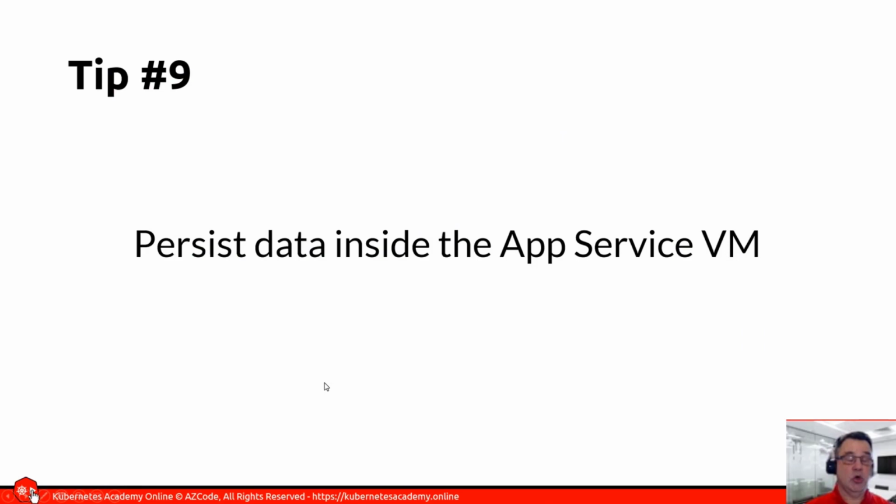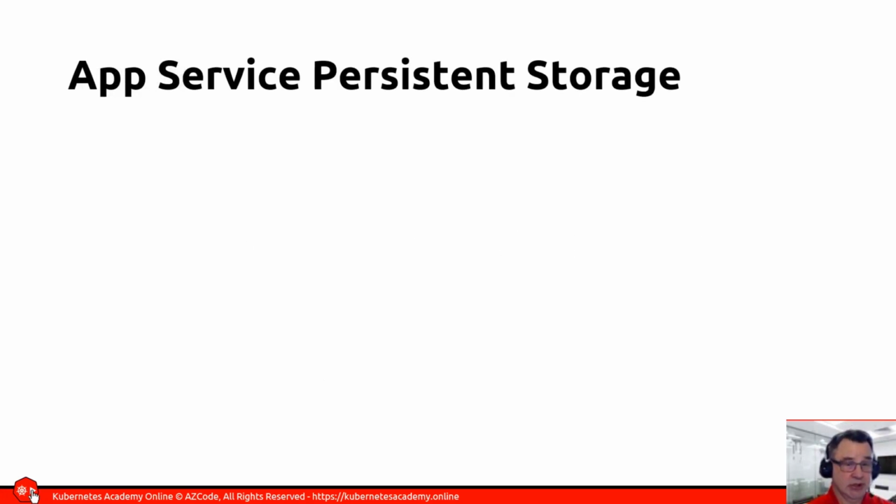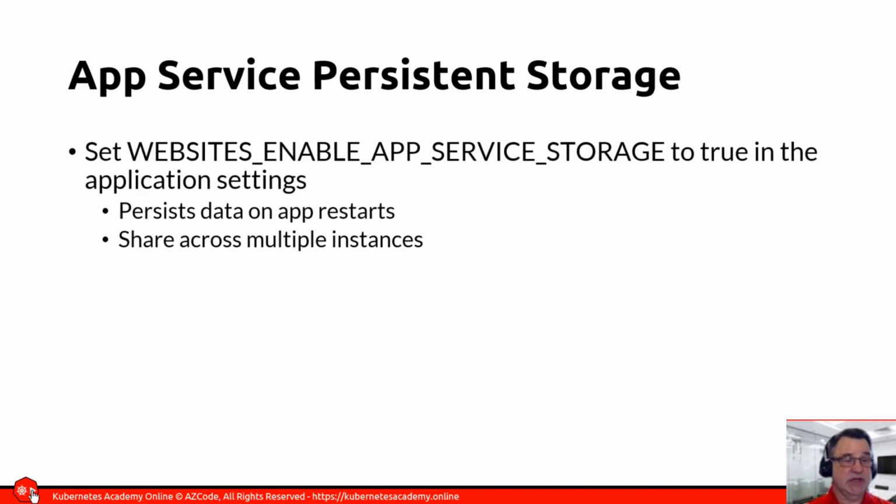So tip number 9: you can save or persist data inside the App Service virtual machine. There's a functionality of App Service called persistent storage. It's enabled by default, and there's a switch in application settings built into App Service called WEBSITES_ENABLE_APP_SERVICE_STORAGE. That's quite long. You can set it to true.